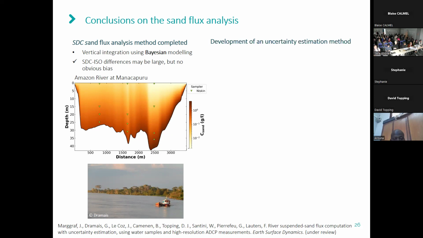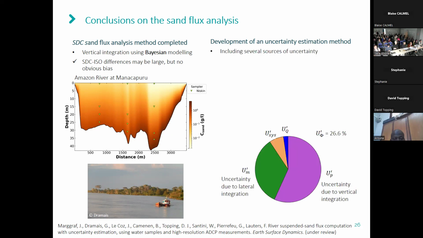In addition, I developed an uncertainty estimation method, which was the most important part of my work here. This is the first uncertainty estimation method to estimate the uncertainty in the sand flux using point sampling. It also includes several sources of uncertainty, such as the ones in vertical integration or lateral integration, and is relatively easily applicable to different rivers and sampling protocols, like here on the Amazon.